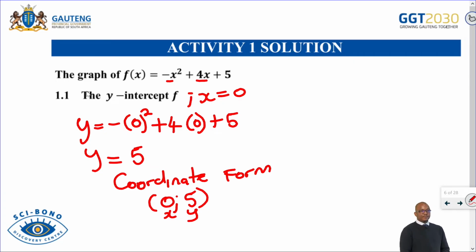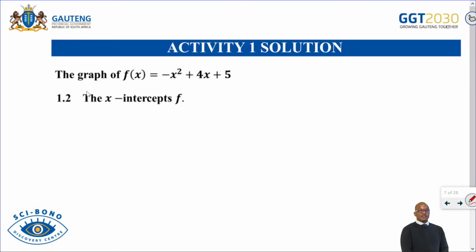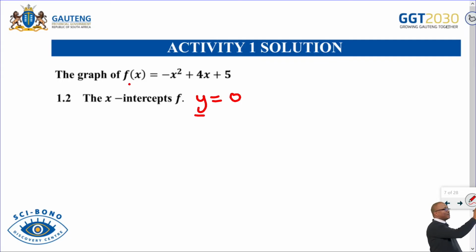Then from there, we go to the second one. The second one, remember, they're saying we must determine the x-intercept, where your y is equal to 0. Correct? So now it means on our function, remember, y and f of x represent the same thing.